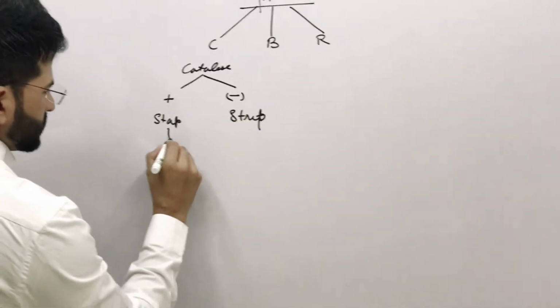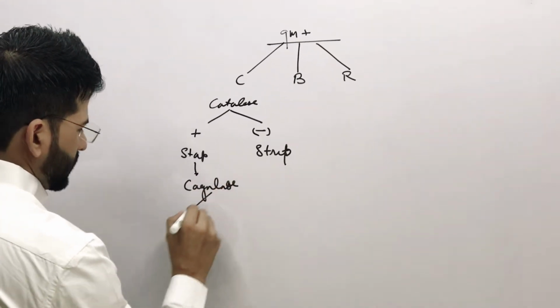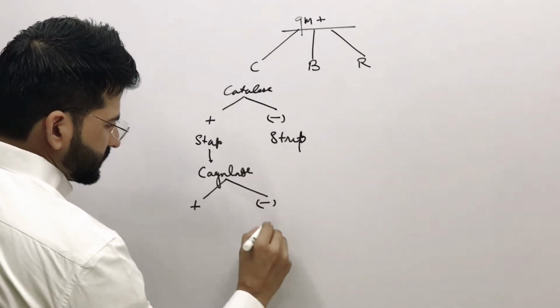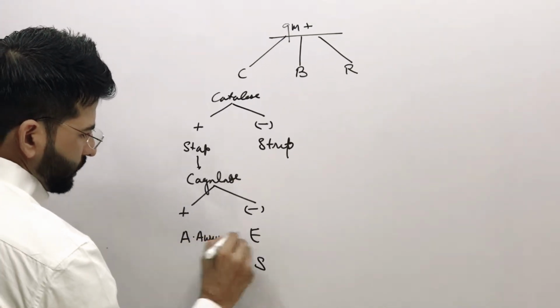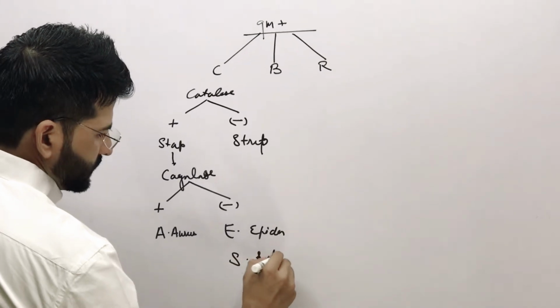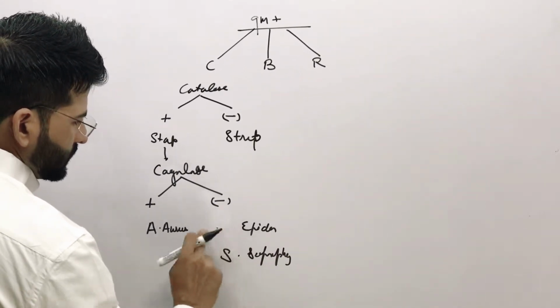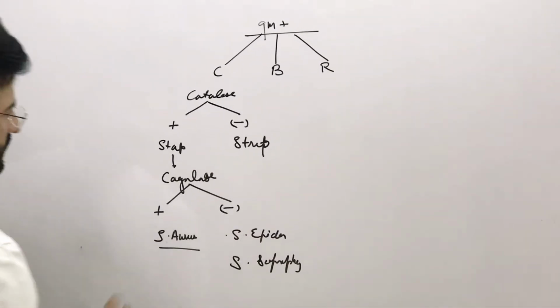These Staphylococcus on coagulase test are coagulase positive or coagulase negative, that is S, E and A, that is the aureus, the epidermidis and the saprophyticus. Staph saprophyticus, staph epidermidis and staph aureus.